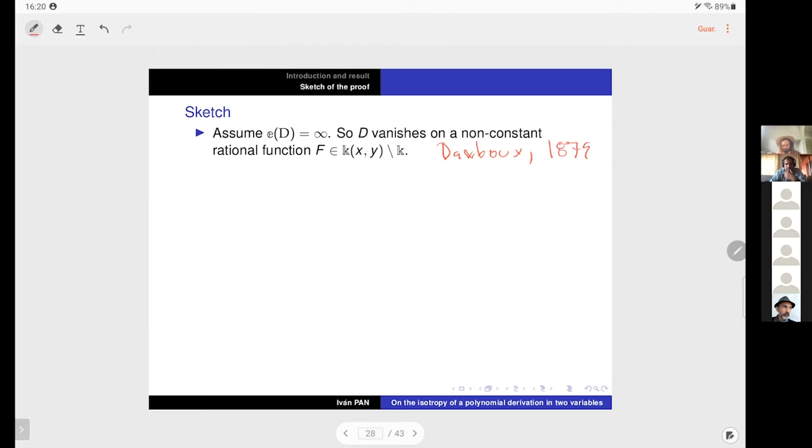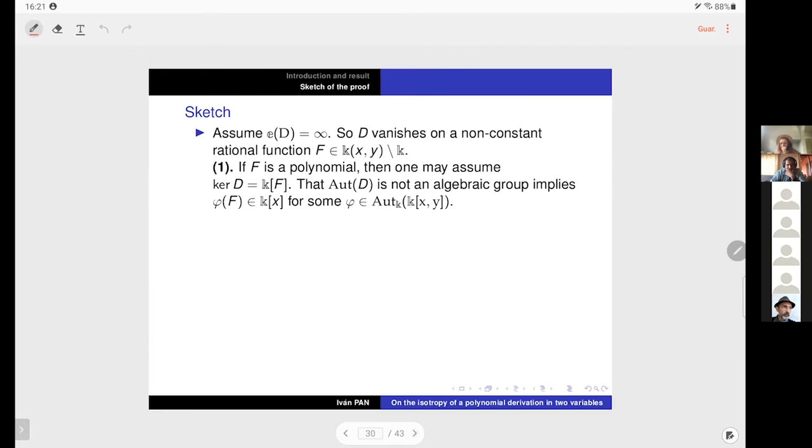Using this result, we have two situations to consider. First, if this rational function is a polynomial, then one may assume that the kernel of the derivation is a polynomial ring where the variable is f. The fact that the isotropy is not an algebraic group, that is, has no bounded degree, implies that there is an automorphism such that, applied to f, it belongs to a polynomial in one variable.